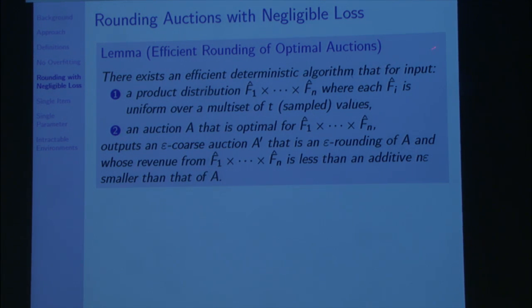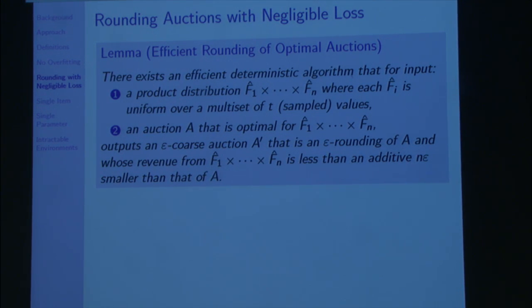And the other input is the auction that is optimal for this empirical distribution. And as I said, it's long been known that this A can be found from this empirical distribution efficiently. And given this input, it outputs an epsilon coarse auction A prime, that is an epsilon rounding of A, and whose revenue from this empirical Cartesian product is less than an additive n epsilon smaller than that of A.